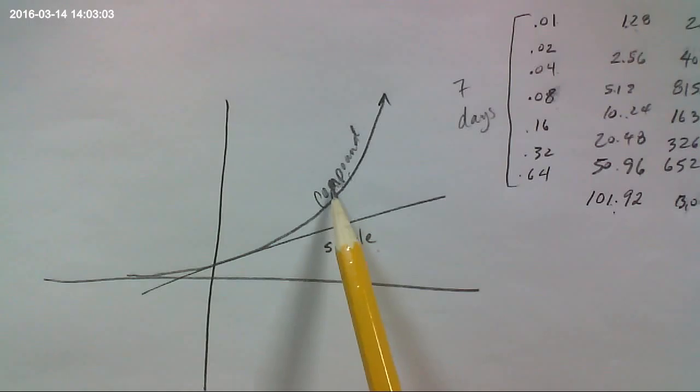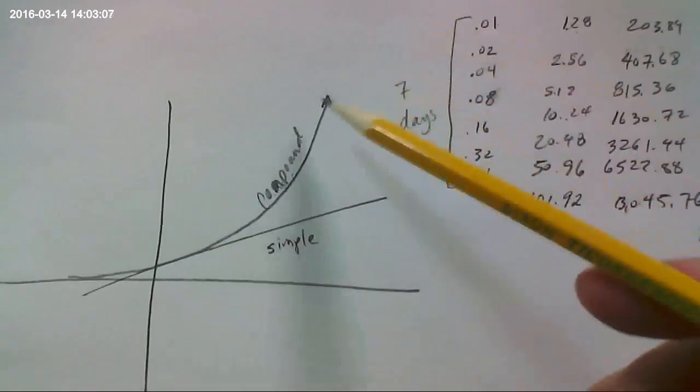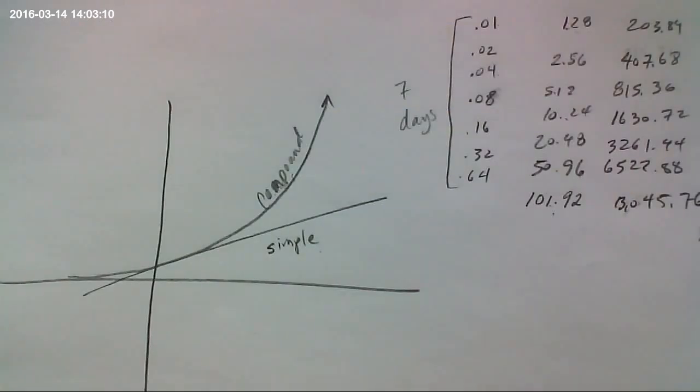The reason we did that whole thing with all that money is so you would see that exponential stuff grows really, really fast, and compound interest is like that. Okay? Ready? Ms. Molina, you ready?